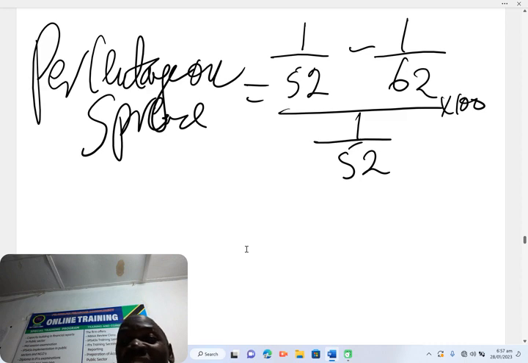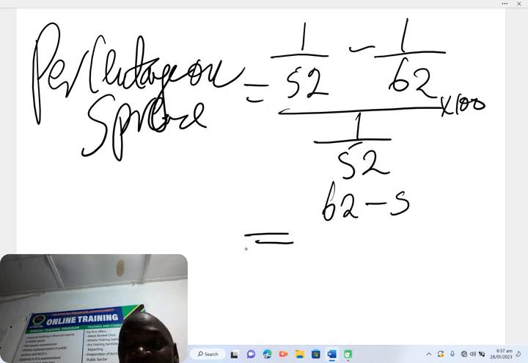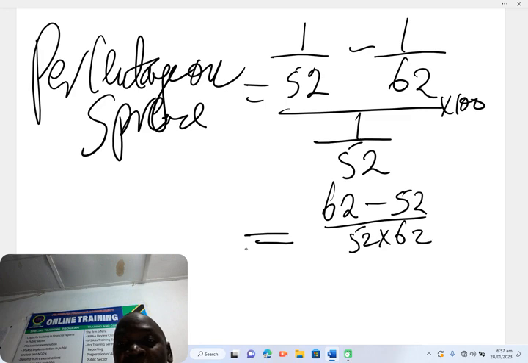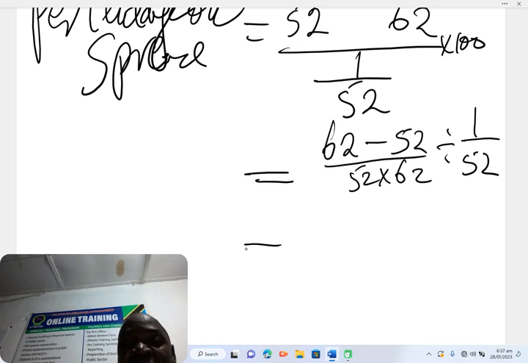So computing this using some normal computations, we have 62 minus 52 divided by 52 times 62, again divided by 1 over 52 from arithmetics. So what is 62 minus 52?